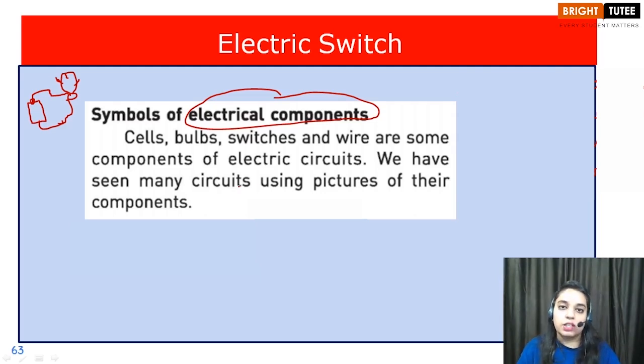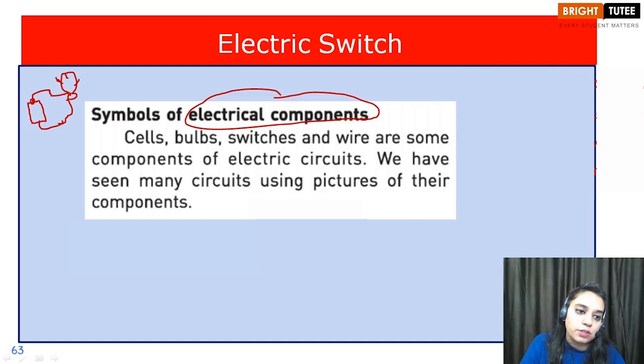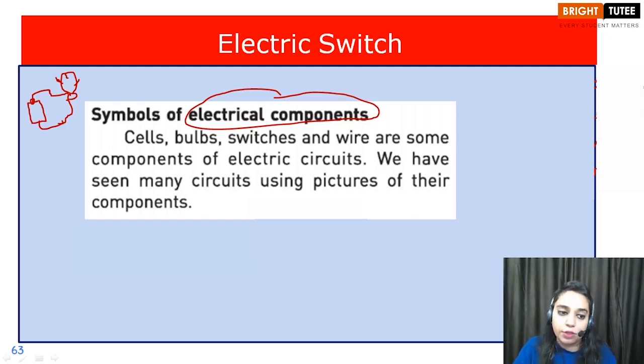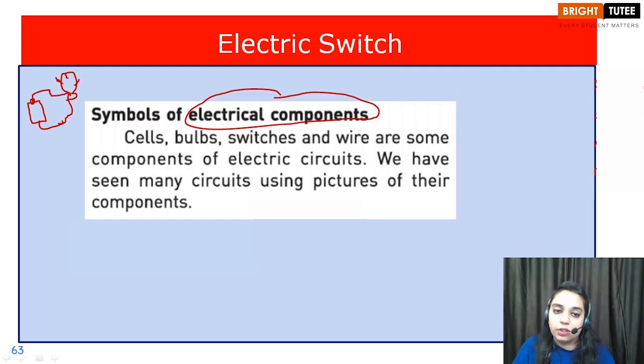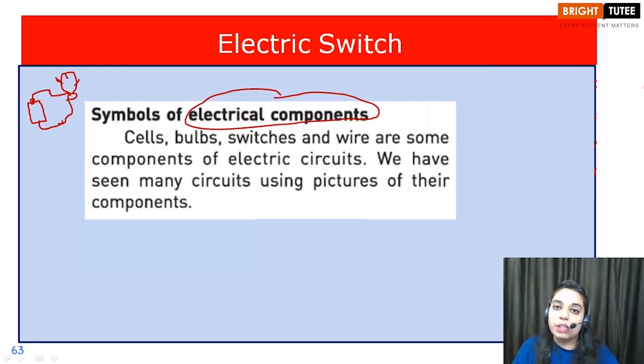So children, just like we do in writing, we have shorthand, right? We use symbols or abbreviations for larger words. Why, children? In order to save our time, we use shortcuts. Similarly, in science we have different symbols for these electrical components.